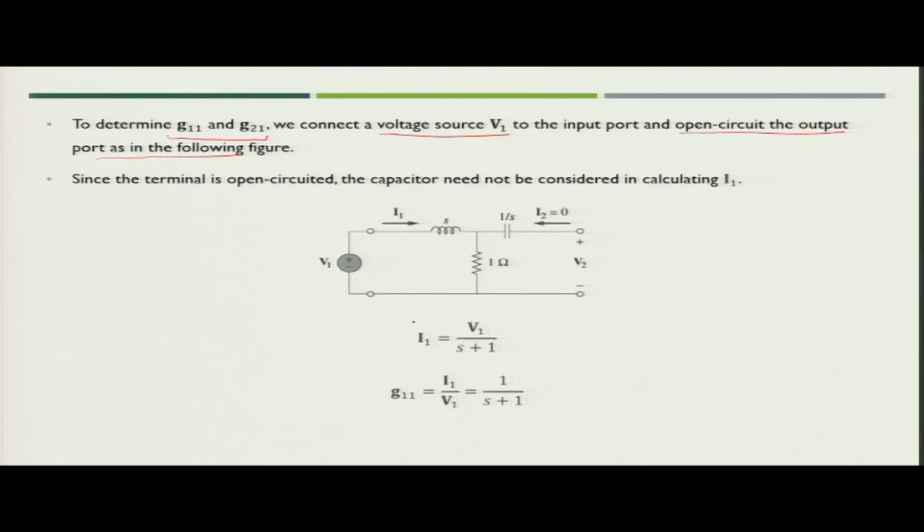I1 you can simply represent in terms of V1 and the other circuit components. So, you will simply say I1 is equal to V1 upon S plus 1, because this voltage will be applied across the inductor and the resistance. So, now you get I1 is equal to V1 upon S plus 1. So, G11 is nothing but I1 upon V1, that means 1 upon S plus 1.